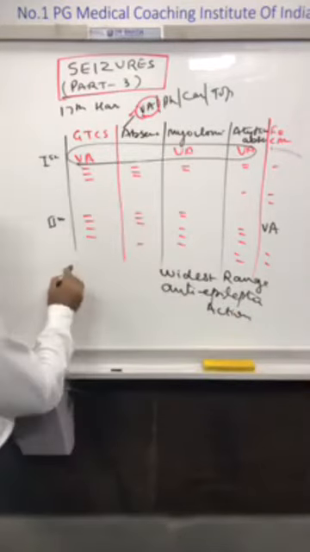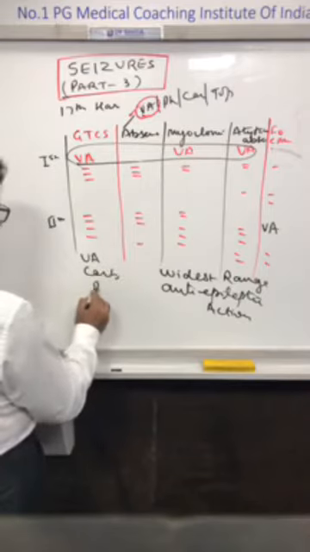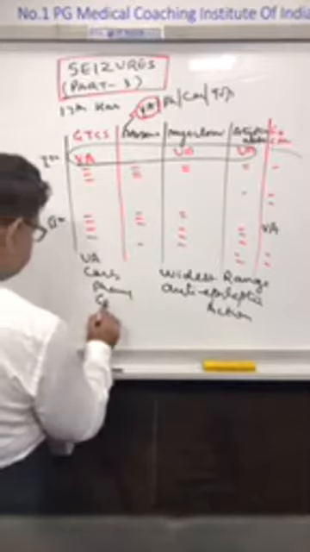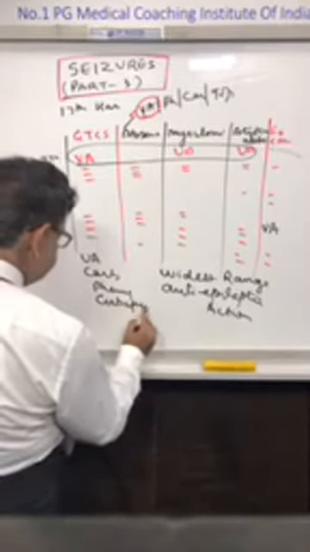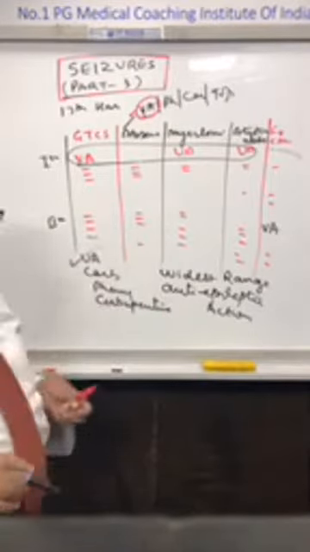The options were valproate, carbamazepine, phenytoin, and gabapentin. Obviously, the answer was valproate.